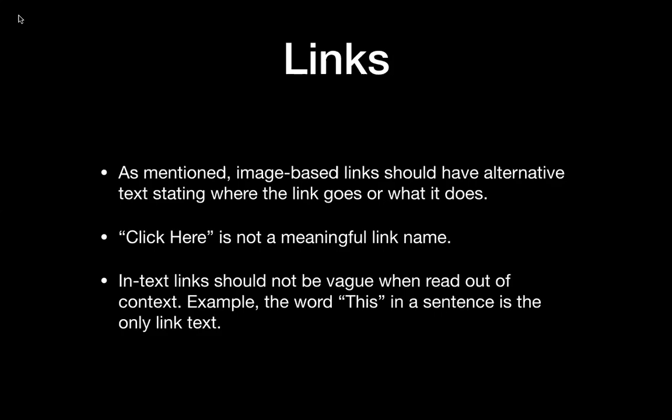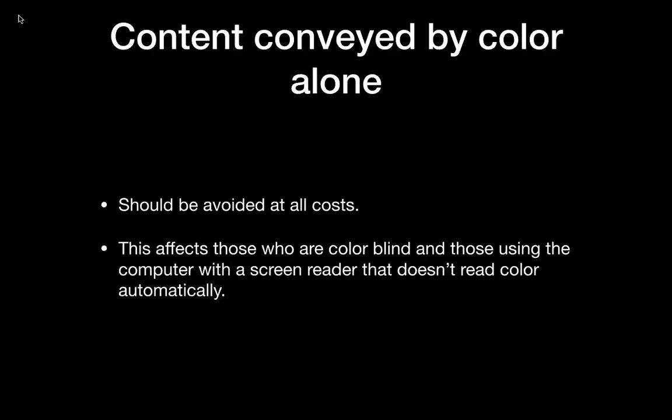Another important area is the content that is conveyed by color alone. This should be avoided at all costs. Users who are colorblind, and more importantly, users who are using a screen reader, will not automatically know what is different.